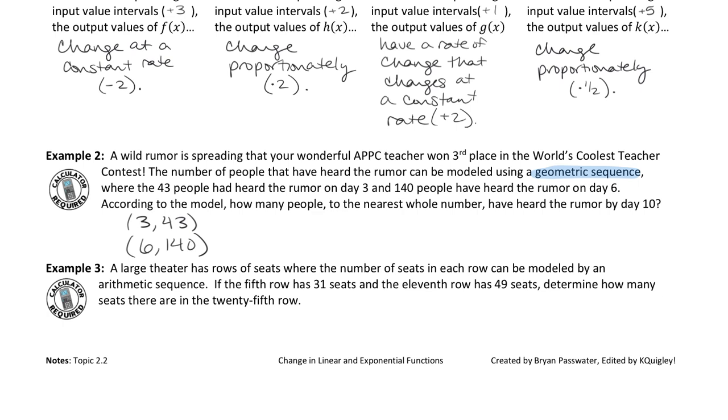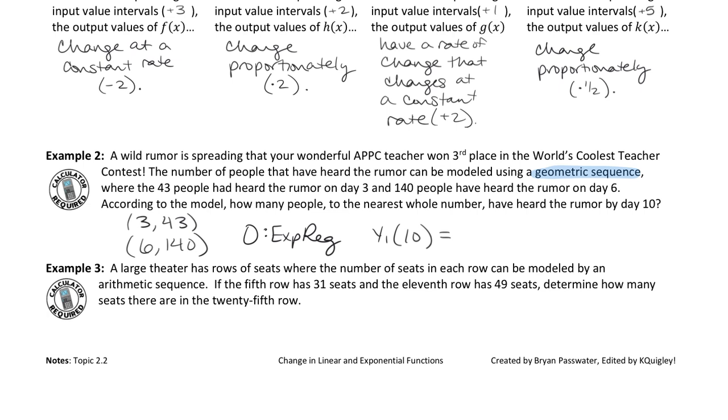If we have 2 coordinate points, we have enough information to use a regression in our calculator to find not only the sequence formula, thus the exponential function, we can also predict the future. So I want you to go type in just these 2 points into your stat edit. I want you to use the option 0 of exponential regression. And then I want you to use that equation to predict the future for 10.